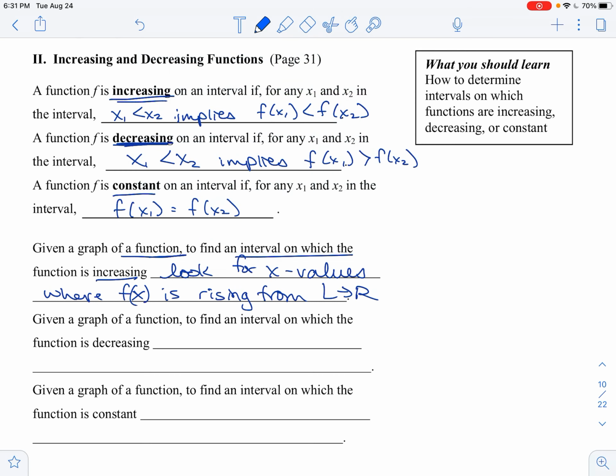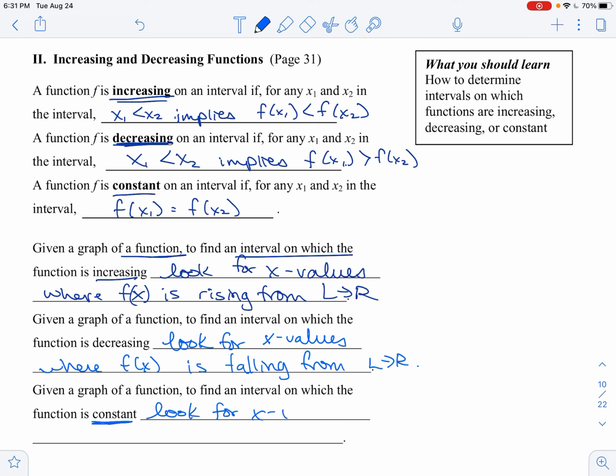And if it's constant, you look for x values where f(x) stays the same.